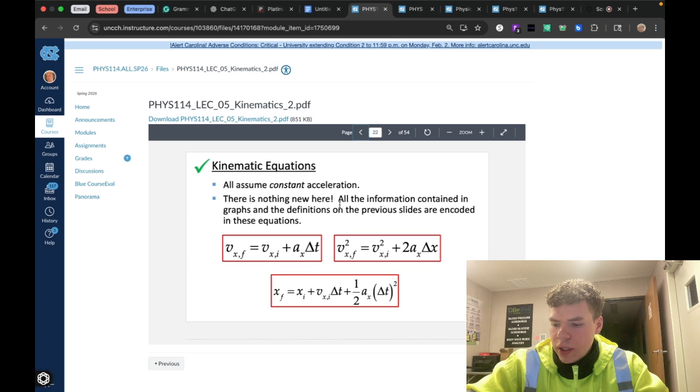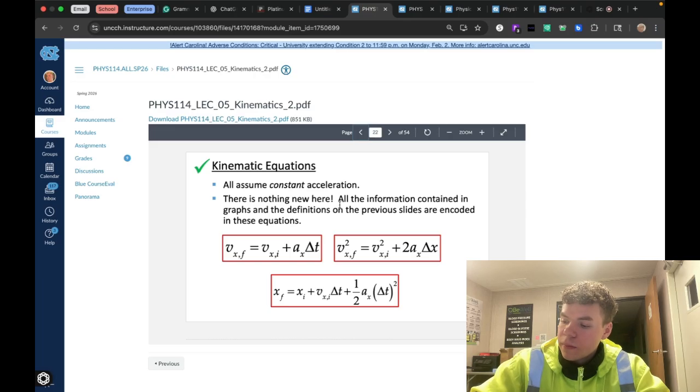So this is v final equals velocity initial plus acceleration multiplied by change in time, and this is velocity final squared is equal to velocity initial squared plus 2 multiplied by acceleration multiplied by displacement.